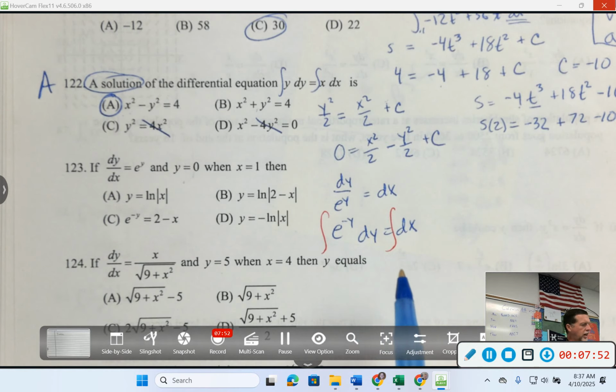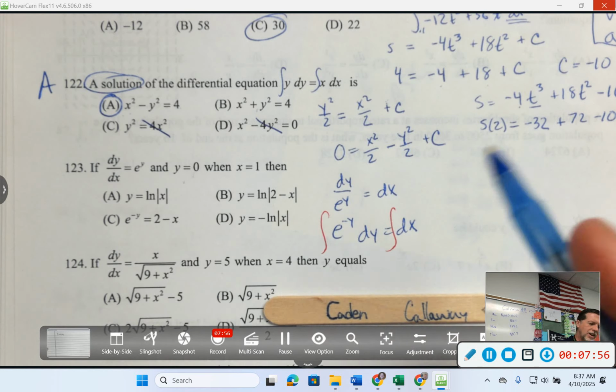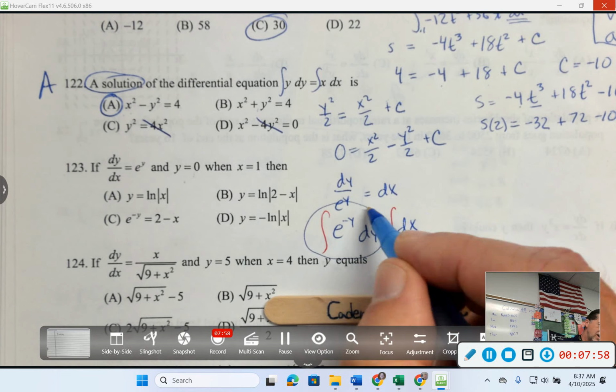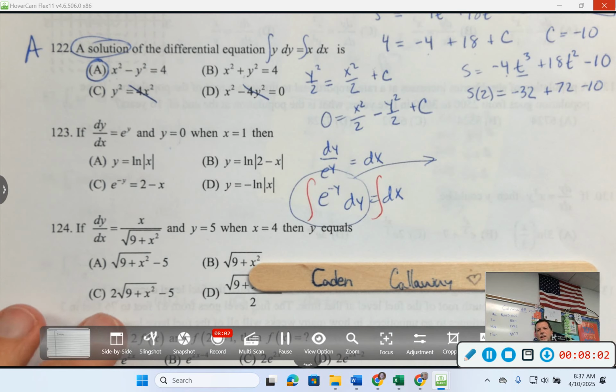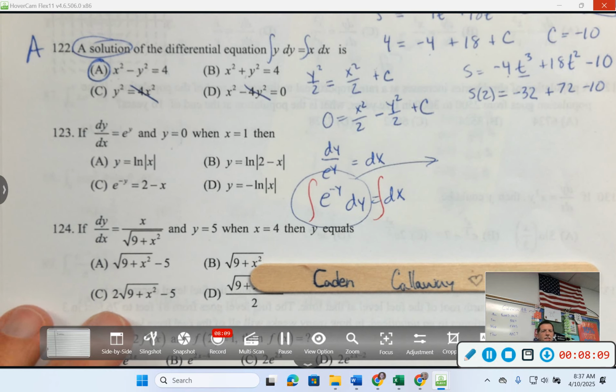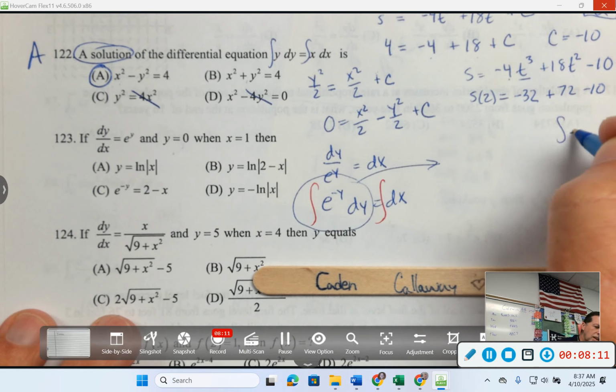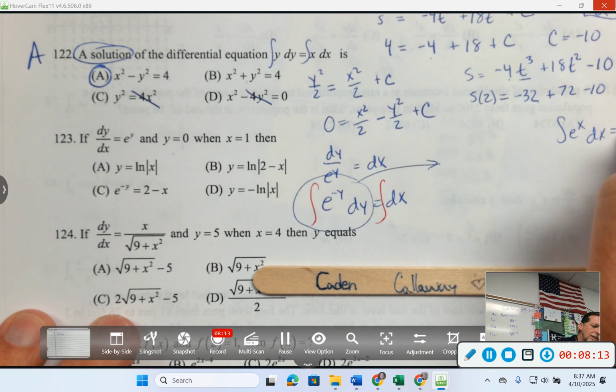Integral of e to the negative y. Caden, the integral of e to the negative y? Could just be e to the 0. It's going to be e to the something. The antiderivative of e to the x is e to the x.